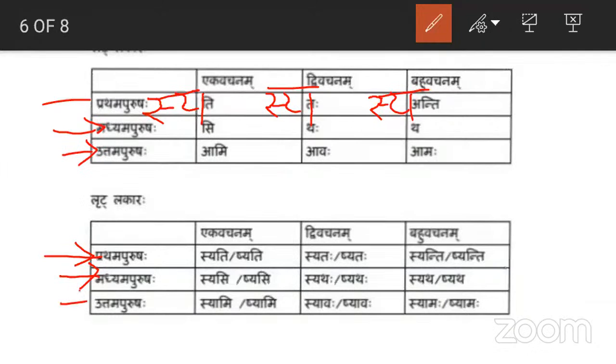Check here. Syami, syavah, syamah. So it's very simple to remember the lrut lakar endings. If you know lat lakar endings very well, no need to learn lrut lakar endings by heart. You just remember, lrut lakar means sya bhavishya, sya bhavishya.